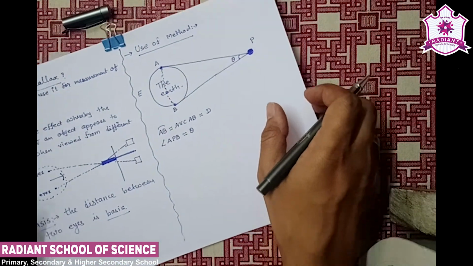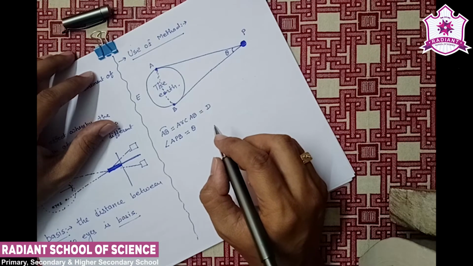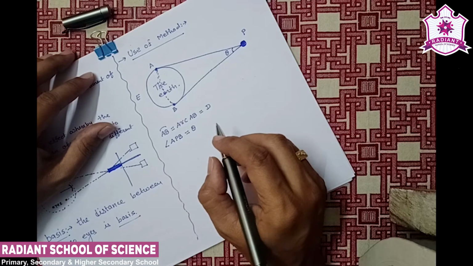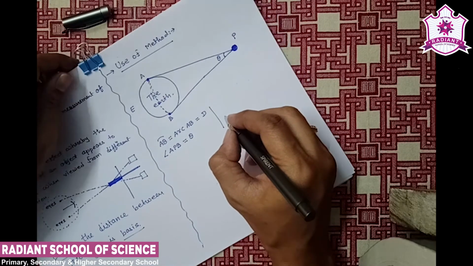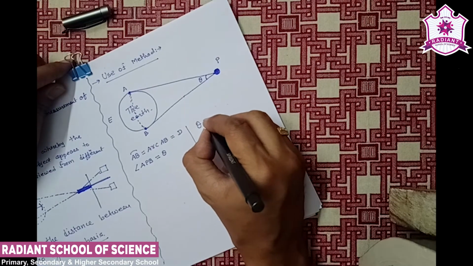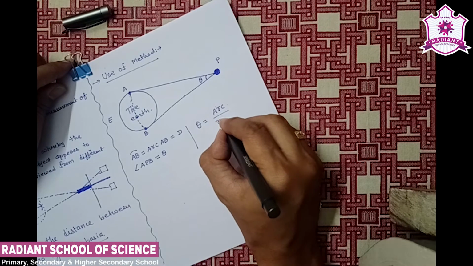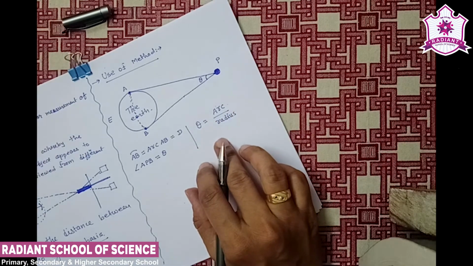Now we have again a very well known equation. I think you may have studied in your 8th or 9th standard, that is angle is equal to arc upon radius. We have a very well known equation.